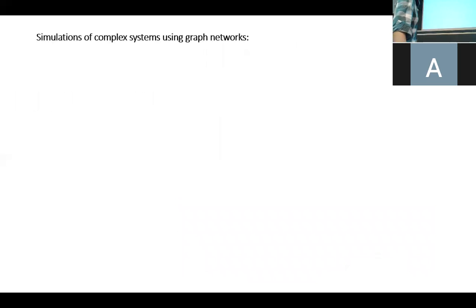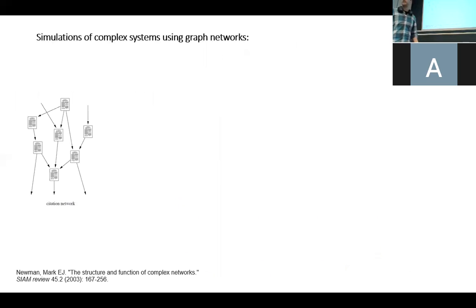So a lot of complex systems can be modeled very effectively using networks. An example is a citation network: who cited which paper. Of course, this network is directed.